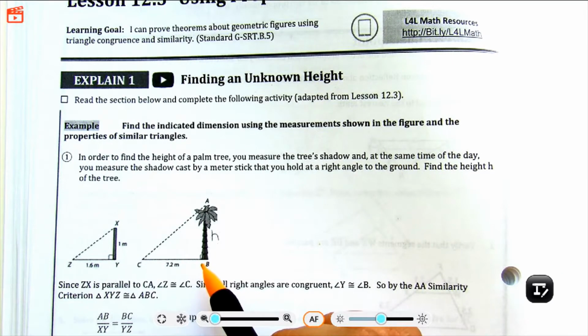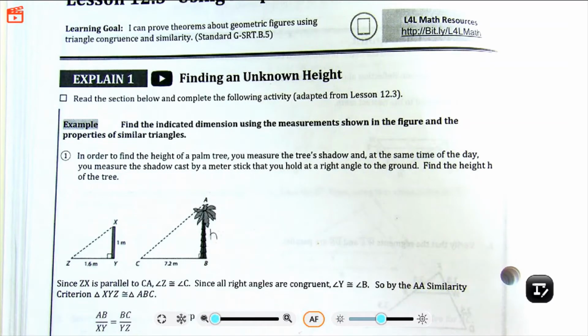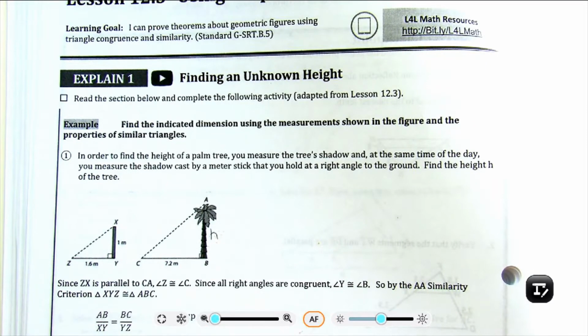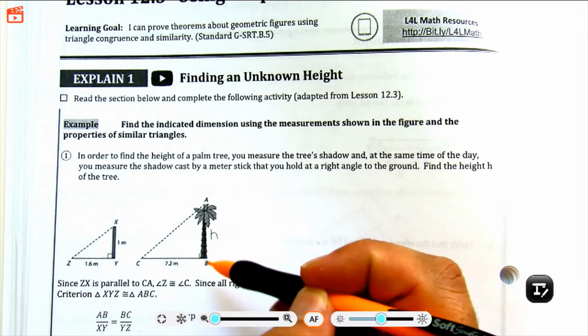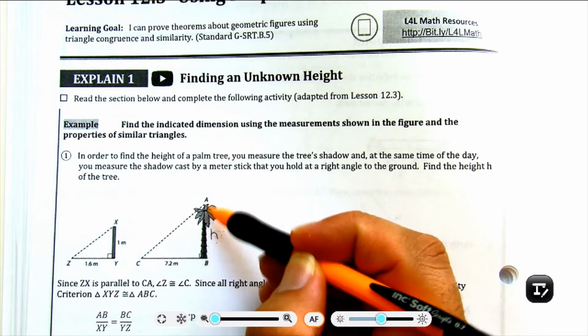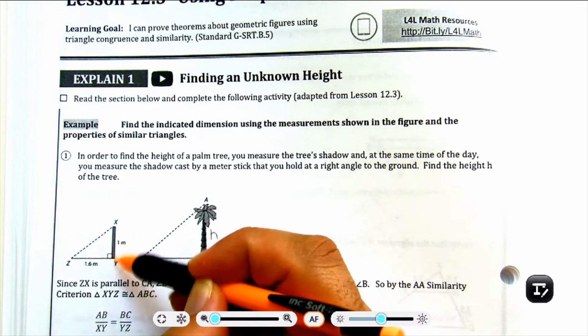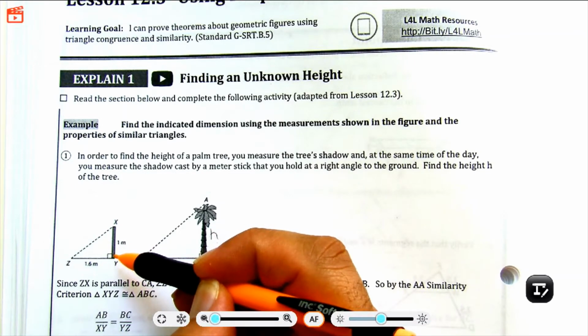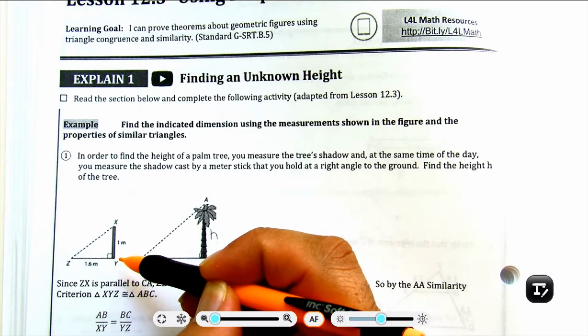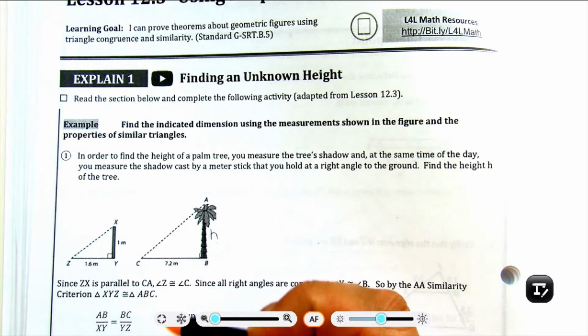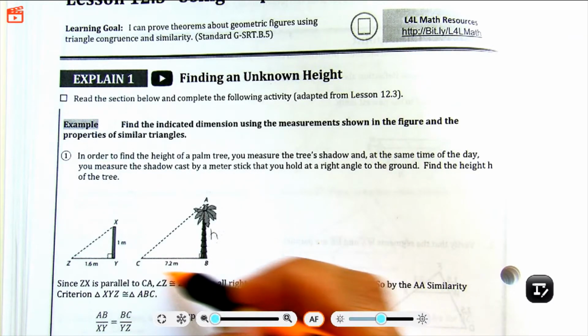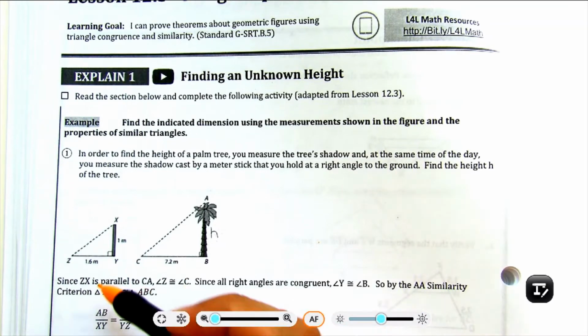The way we could write a proportion, we could say the height of the palm tree over the height of the meter stick is equal to the shadow of the palm tree over the shadow of the meter stick.